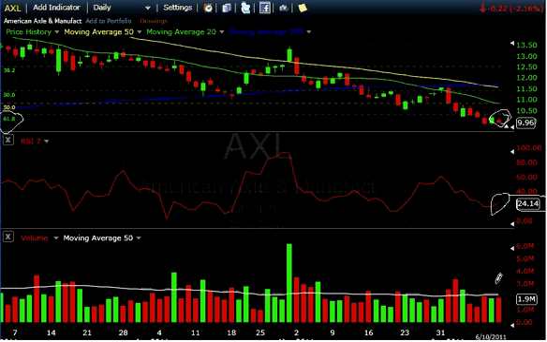Volume's okay. So again, we just enjoy trading this thing. Let's see what the heck happens on Monday. Not a whole lot of range here, but we did plot some pivot points, and we're going to get to a 5-minute chart in just a second and discuss what we might do for the day.